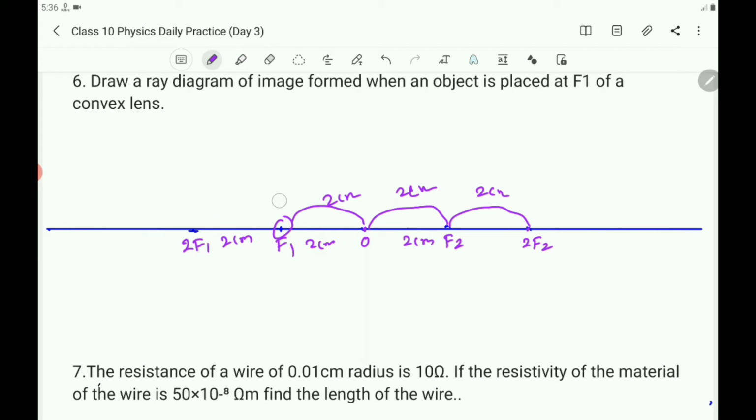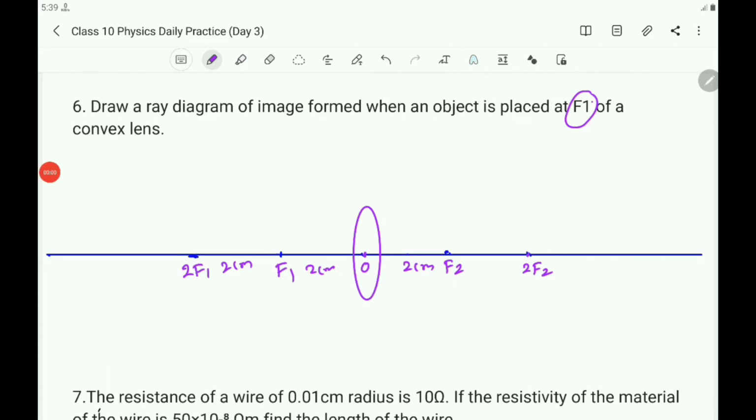So here mark 5 points which are equidistant, and the middle point is for the optic center. Here we have taken 2 centimeter distance from each point. You can take 3 also, 4 also, like this way. Convenient equal length you can take here.